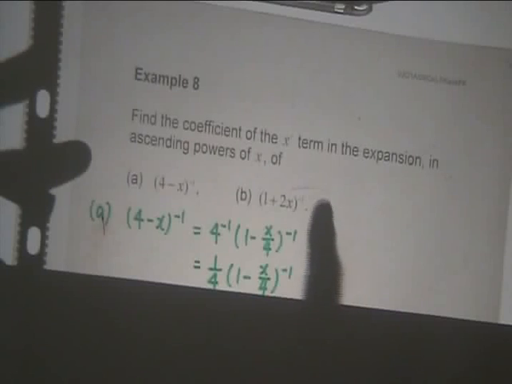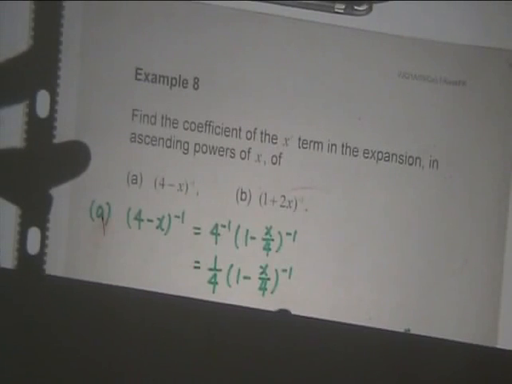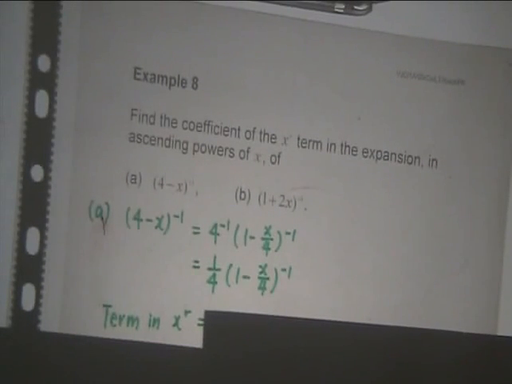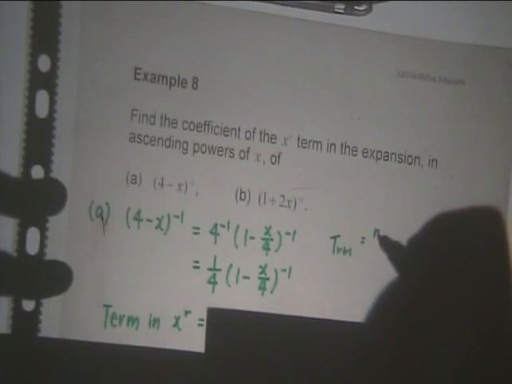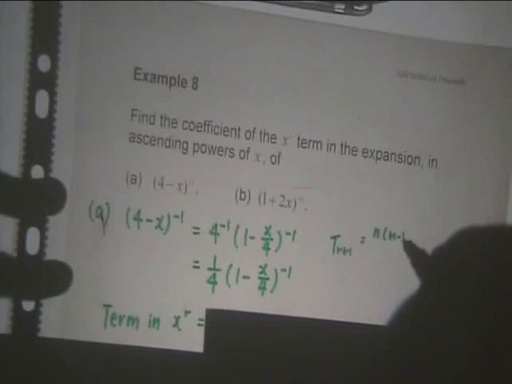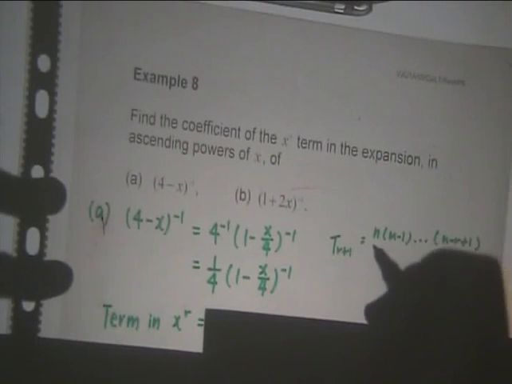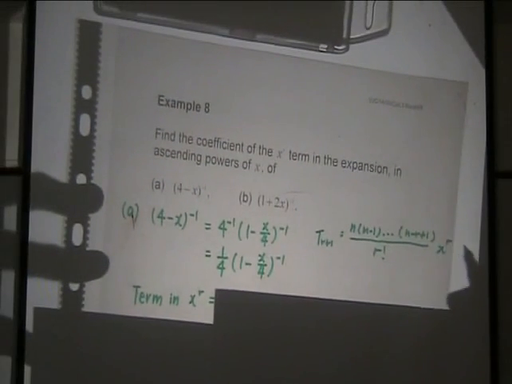We want to find the coefficient of the x to the power of r term. So what we do is we use the general formula for the term in x to the power of r. Do you remember the formula? The formula is actually T r plus 1 equals n times n minus 1 all the way to n minus r plus 1, whole thing over r factorial, times x to the power of r.